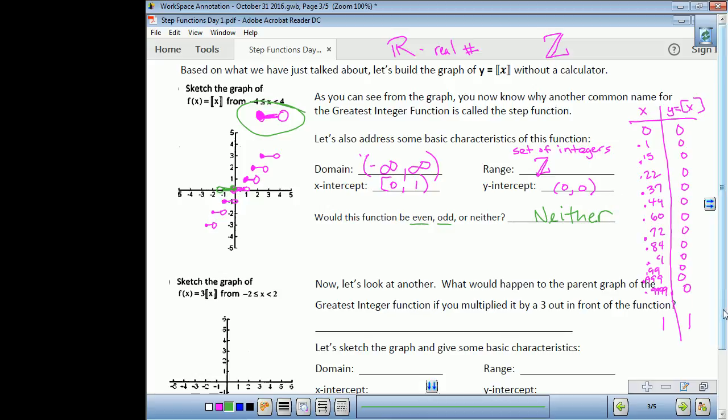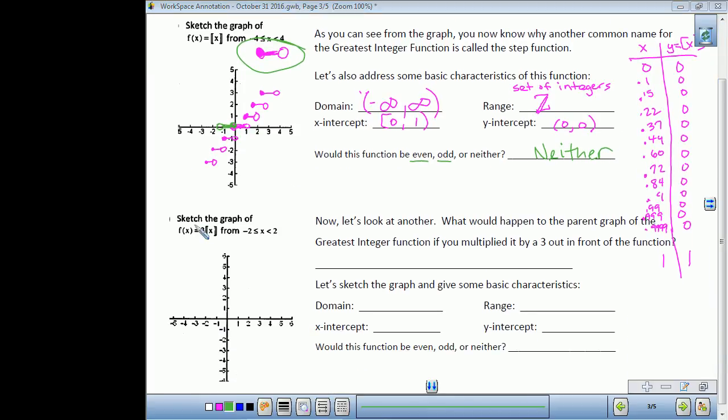All right, so now we're going to look at what happens if we have a vertical stretch. What effect does that have on this greatest integer function, the step function? So if we multiply by 3 out in front, well, if I multiply all these by 3, are any of them changing? No. So that first piece doesn't move.